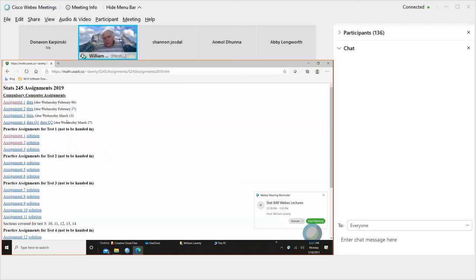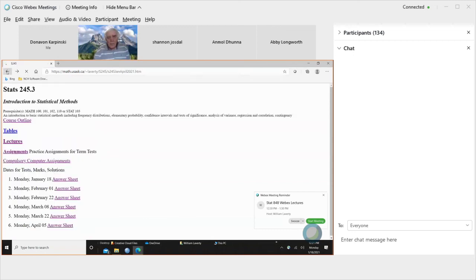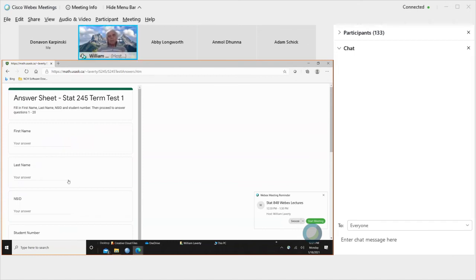Hi, I got another question. The midterm, like the test we just did, is there a way to tell that you submitted it properly afterwards? Well, what happens is, if I go back, here's the answer sheet. If you go to the last question and fill out everything and submit the last question, it'll give you a notification that it's been submitted.